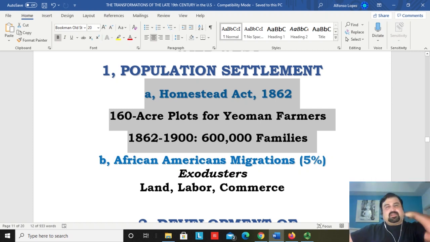Okay? So from 1862, when the Homestead Act was passed, all the way to 1900, there were 600,000 families that were awarded those 160 acres in the Wild West, particularly in the central plains, and they're now moving there at a great speed, and they're transforming the land.